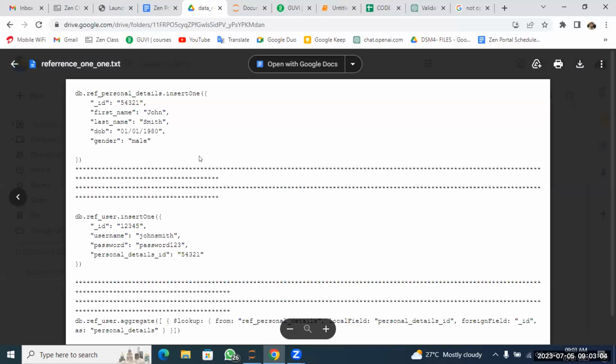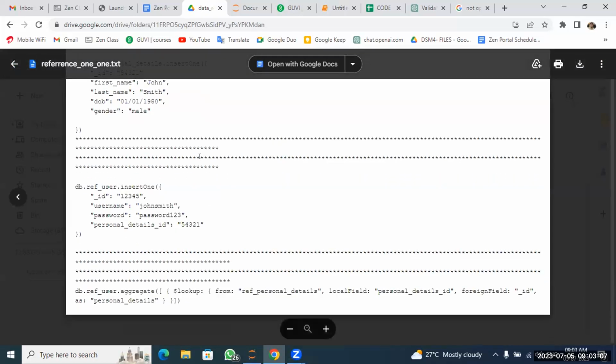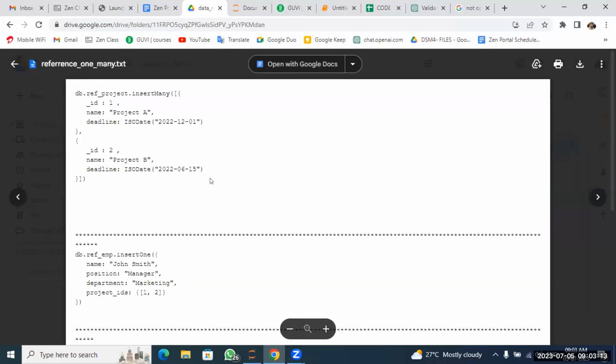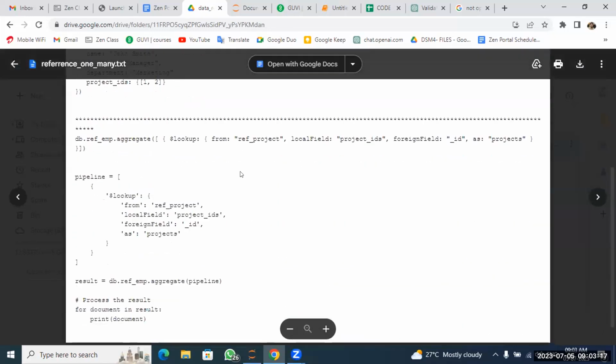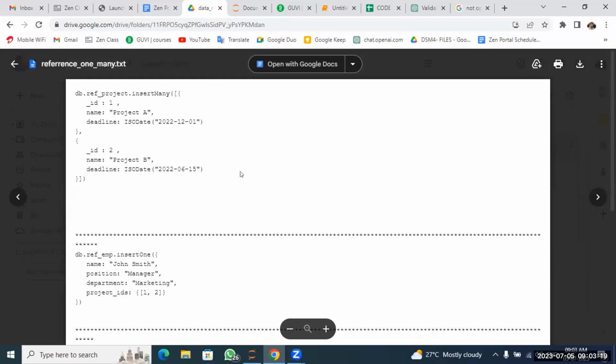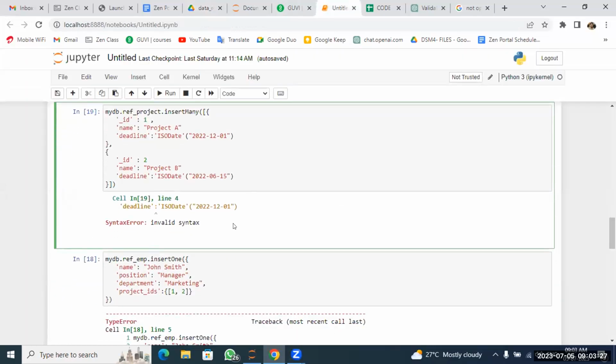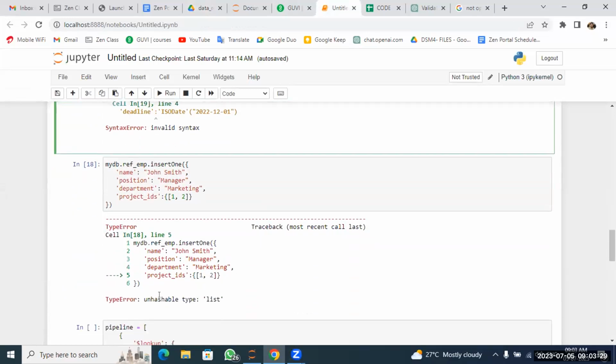So I have already modified the query according to the Jupyter notebook, so that ISO should not be there. Just a minute. Hold on a second. This is one to many, right? And for this second collection also the same thing was happening, like unhashable list.